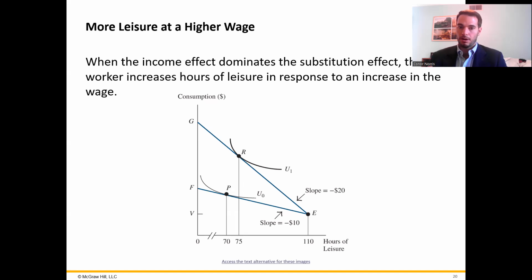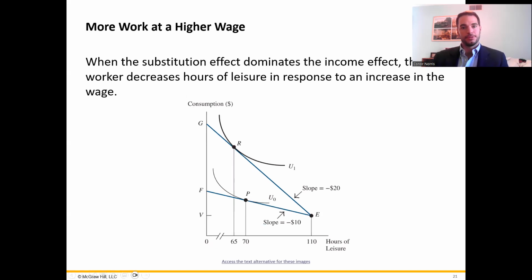Point R has more hours of leisure, but it's also higher on the y-axis, so the individual can consume more as well. They're consuming more goods, but also enjoying more leisure. So we can see visually that they cut back on the hours worked, or increase the hours of leisure, because they're able to make more, but they're still able to consume more than before.